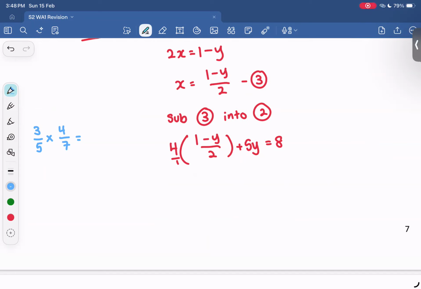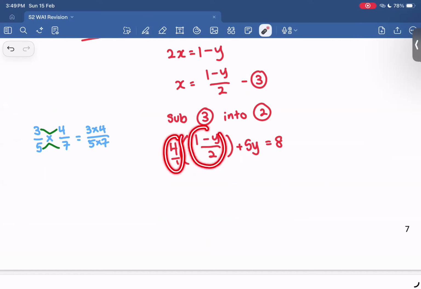All we need to do is take numerator times numerator, denominator times denominator. So we will have 3 times 4 over 5 times 7. That's how you simplify fractions that are being multiplied to each other. So over here, I've got 4 over 1 times (1 minus y) over 2. So how do we simplify that?